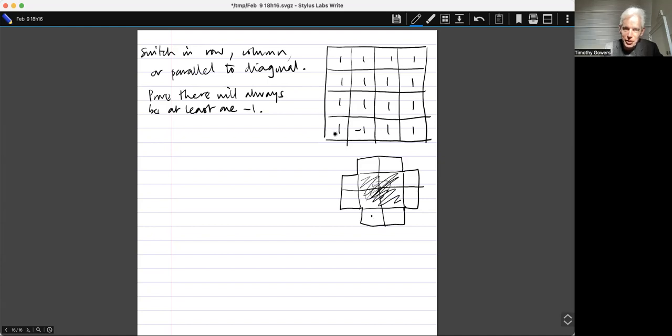And if it's going to remain invariant, we can just see by looking at this 1 here that, what we're effectively trying to do is to find a vector. I think of each one of these squares as being a sort of standard basis vector. I can put either 1 or -1, which in mod 2 is like saying 0 or 1. And I want to find a vector that is orthogonal to all the vectors that you get from these rows, columns, and diagonal parallels.